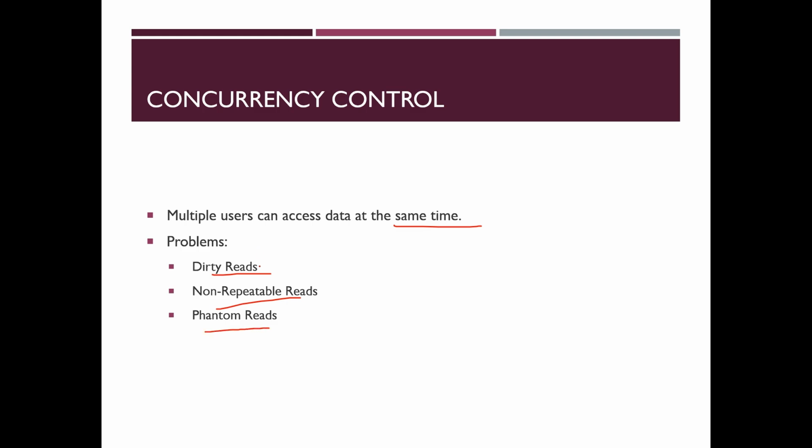In a dirty read, you read uncommitted data from another transaction. In a non-repeatable read, you get different values when reading the same row multiple times. And last, phantom read is related to new rows appearing between queries. To handle this, SQL Server provides isolation levels that we will explore next.